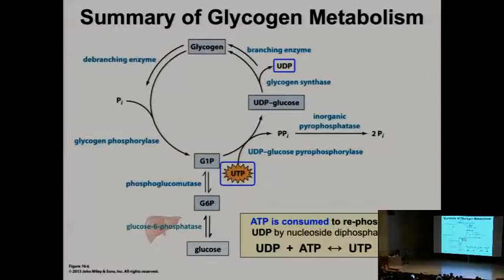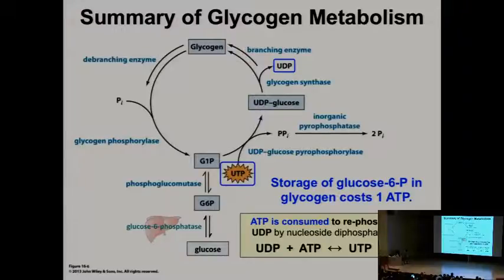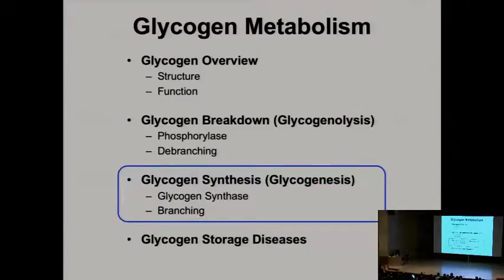The nucleoside diphosphate kinase uses ATP to rephosphorylate UDP, and the take-home message is that storing 1 glucose on glycogen costs an ATP. But that doesn't really matter, because if the body is in a phase where it's going to be storing glycogen, you have a lot of sugar and a lot of ATP around anyway, so you can afford that ATP. So that was glycogenesis.